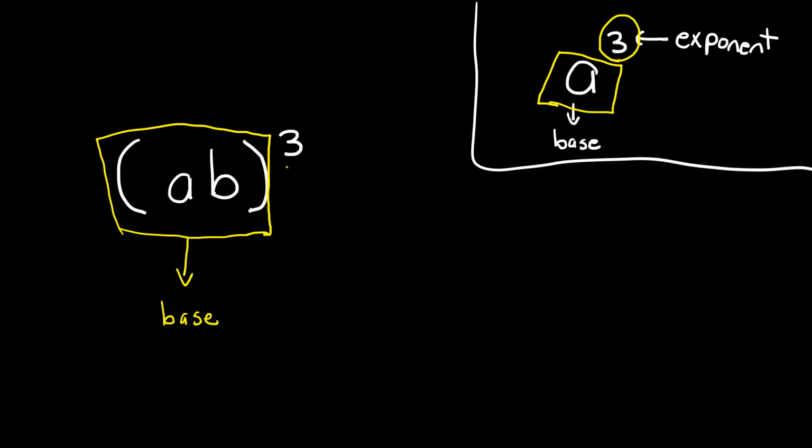And this exponent here is affecting everything inside that bracket. In other words, this 3 means we multiply whatever is the base, which is in brackets, repeatedly 3 times. So in this case, this means it's a times b times a times b times a times b.